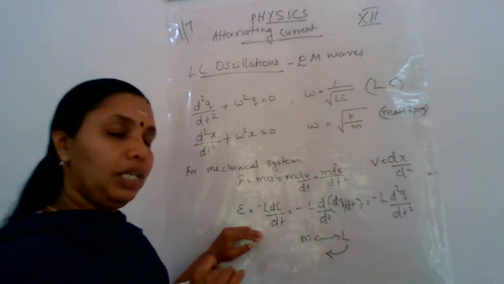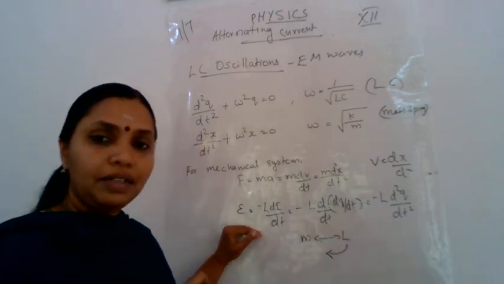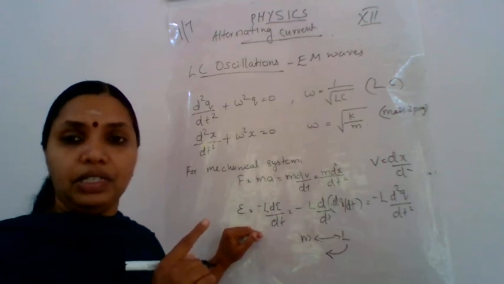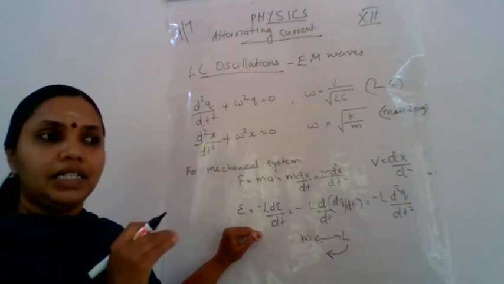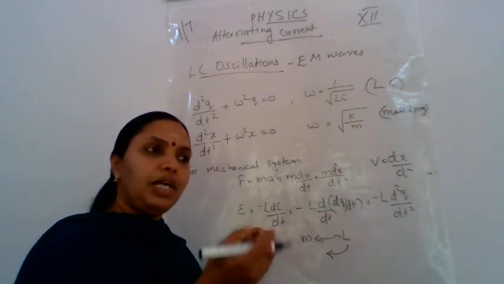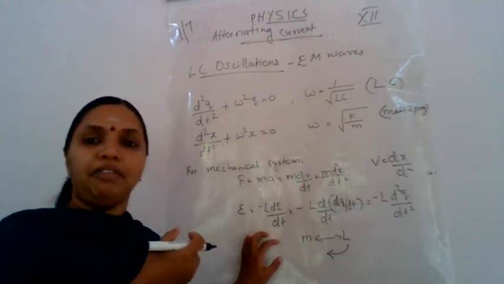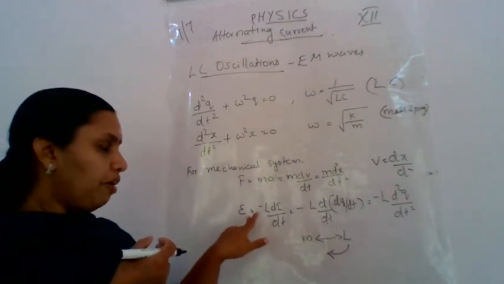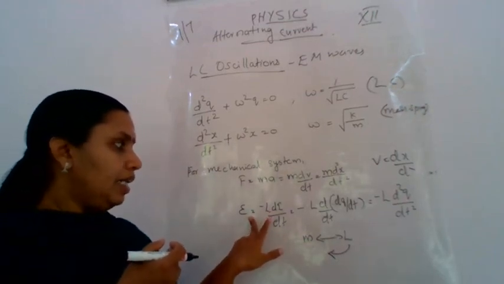And here, similar to this, in our LC oscillator, what is it? There is an induced EMF across the inductor, isn't it? When the capacitor starts discharging, current starts flowing, and we know that there will be an opposing EMF, a back EMF produced in the inductor, and that induced EMF is equal to minus L di by dt.